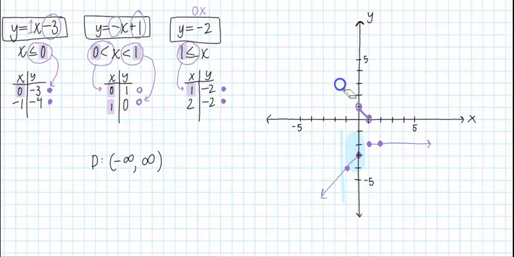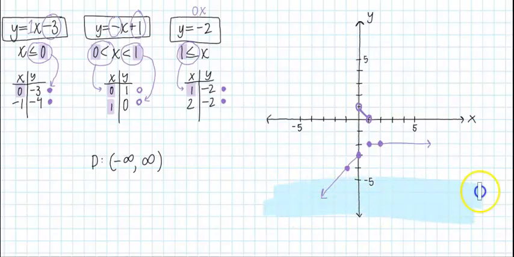The range, however, is a little different. We have to go from the bottom to the top. So now for range, notice this arrow is pointing down. So I would highlight starting at the bottom, but then I'm going to pause here. Notice there's no points between -3 and -2.